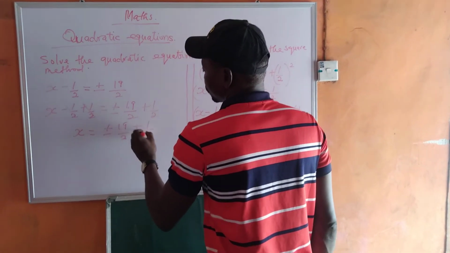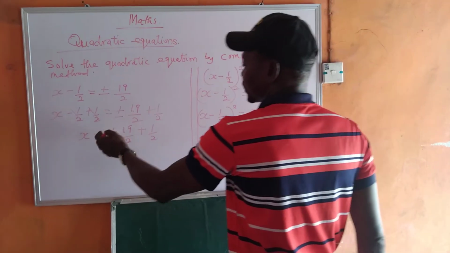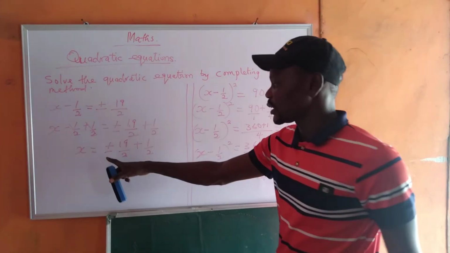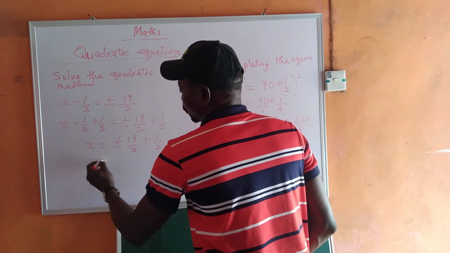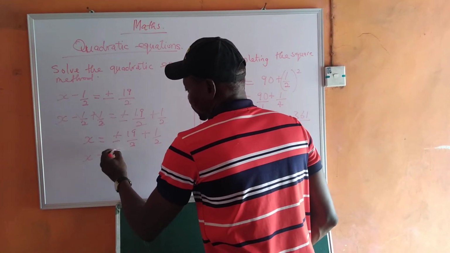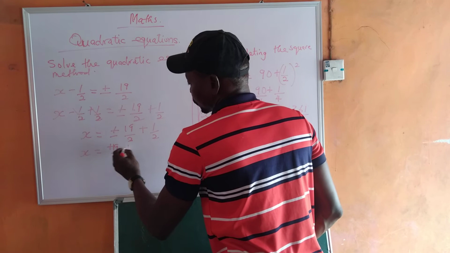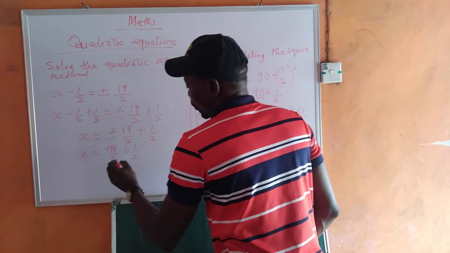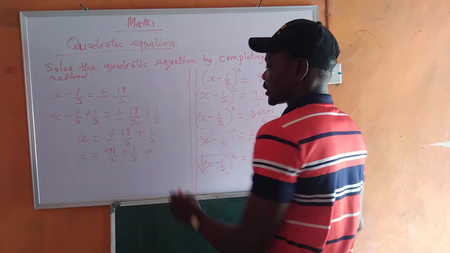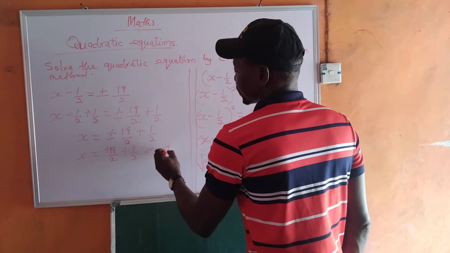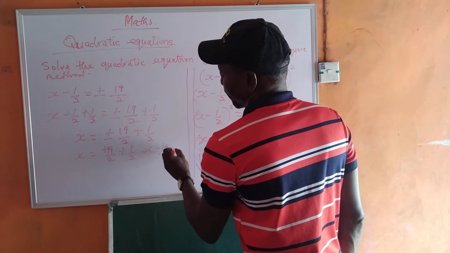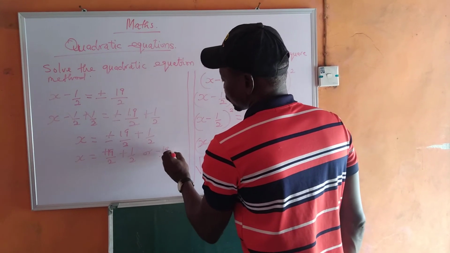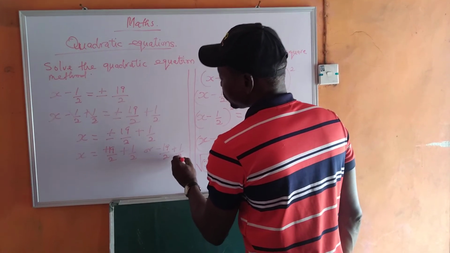plus 1 over 2. Now you separate this because there are two things here together. You separate this and say that either x is equal to plus 19 over 2 plus 1 over 2, or x will be equal to minus 19 over 2 plus 1 over 2.